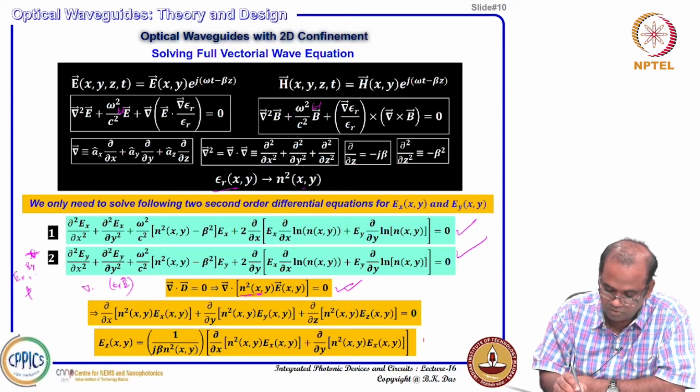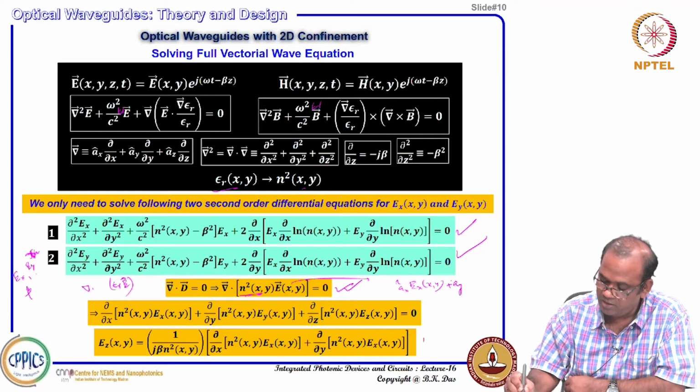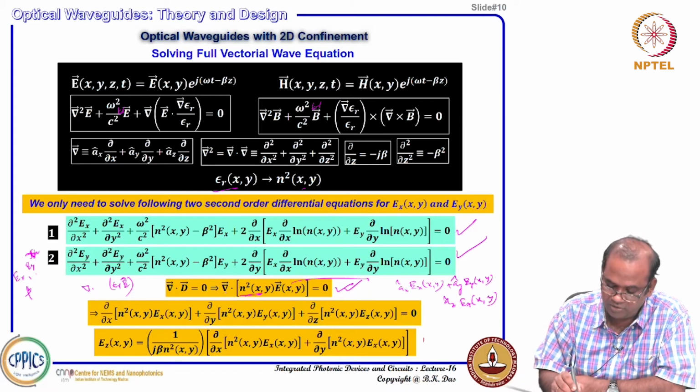Okay. So, you take del del x of n square Ex, because this is also a vector: Ex(x,y) a x, if you are just considering a y, Ey(x,y), and a z, Ez(x,y), and you are taking the divergence of that vector.